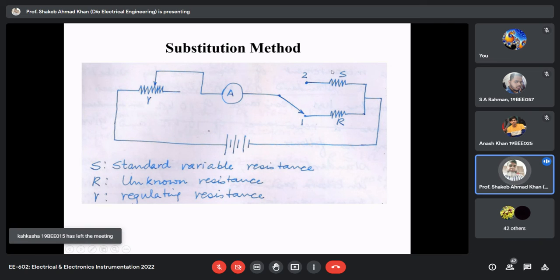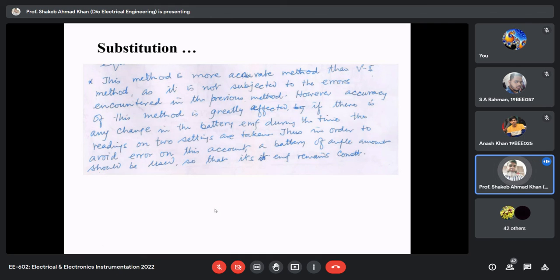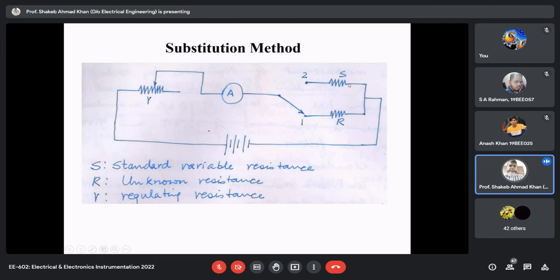And then when this is achieved with the standard resistance, we note down the value of the standard resistance. So obviously R will be equal to S. So this is how we basically measure the unknown resistance in terms of standard resistance.